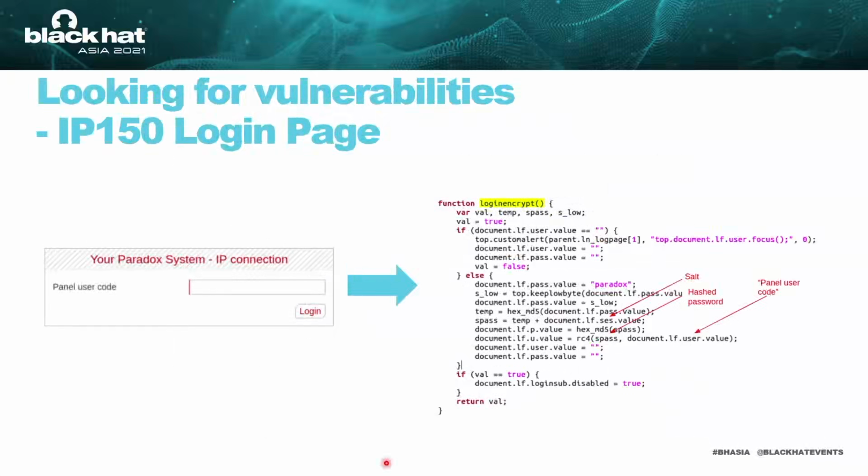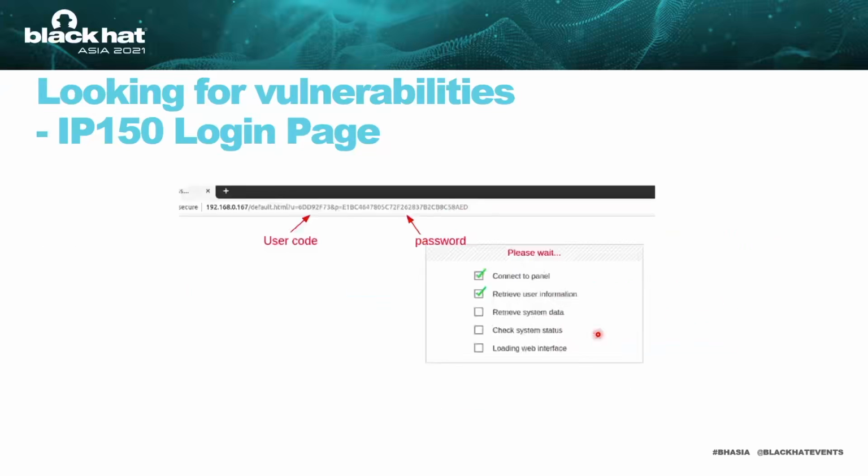So let's talk about the vulnerability itself. At this point, as the user, we have the connection page, which behind the scenes uses JavaScript, some legacy function called login_encrypt, which actually encrypts the user code with RC4, then it hashes it with MD5 and X encodes it, so it could be safely passed as a username and password.